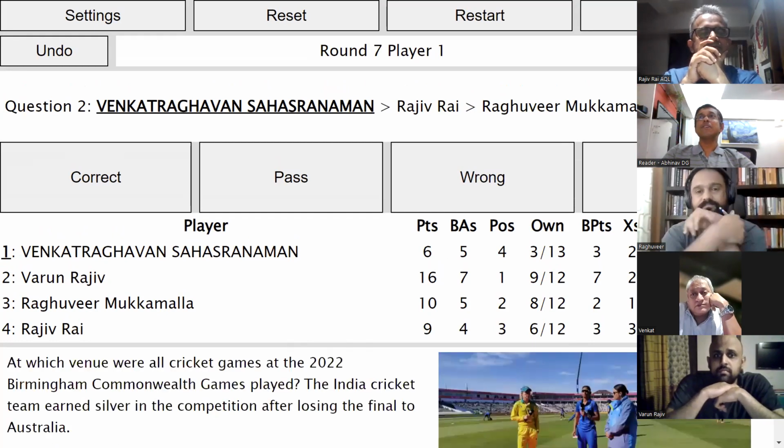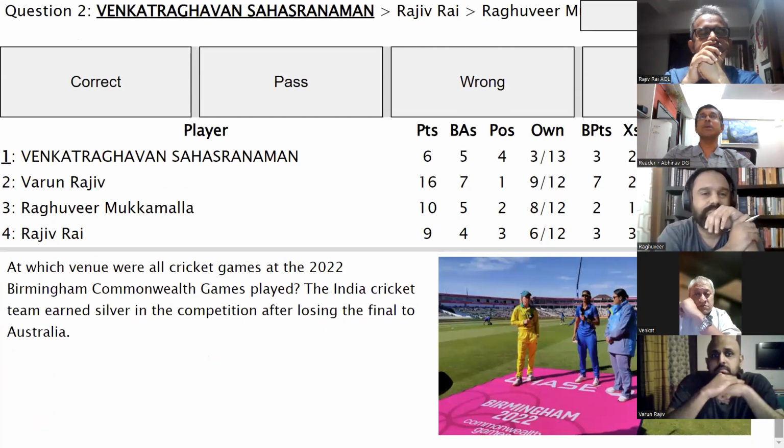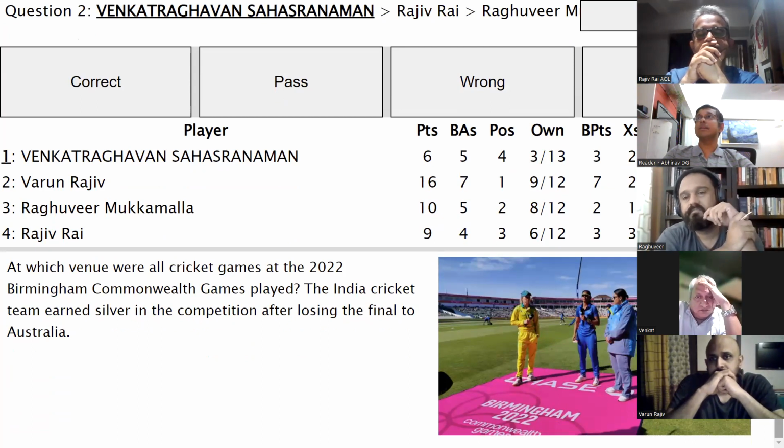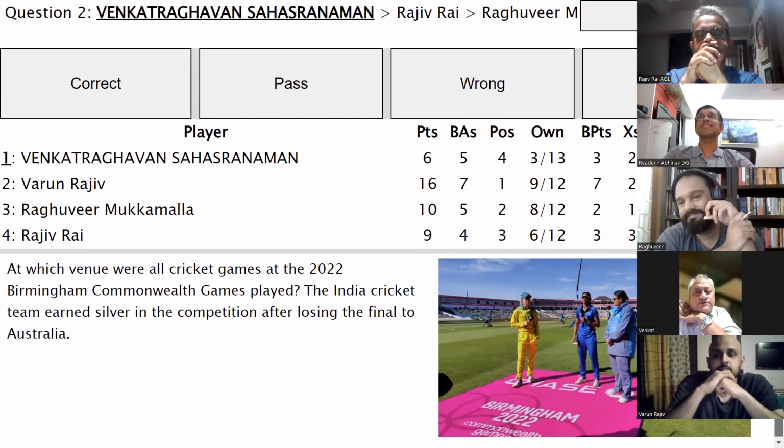You're nearly there. Venkat, at which venue were all cricket games at the 2022 Birmingham Commonwealth Games played? The India cricket team earned silver in the competition after losing the final to Australia, a game they should have won. Sheesh, I don't know this, although I followed all the games.